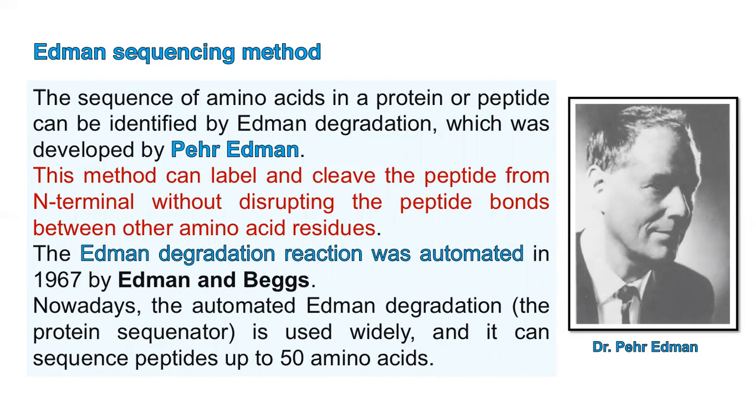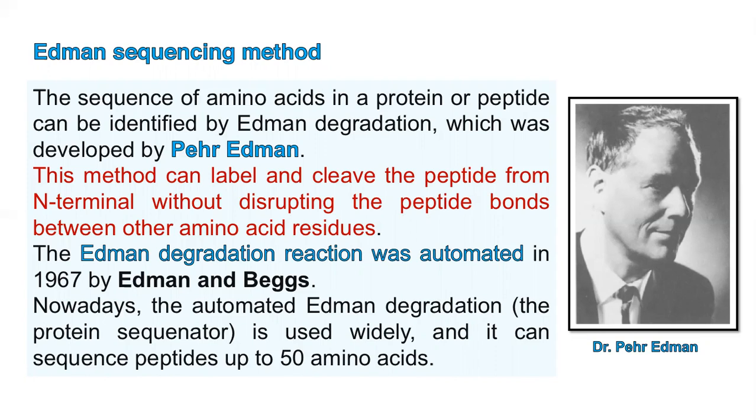These amino acid residues, now linked with the Edman reagent, can be fed into chromatographic techniques to identify the amino acids. And the cycle can be repeated until the last amino acid of the peptide chain is deciphered.